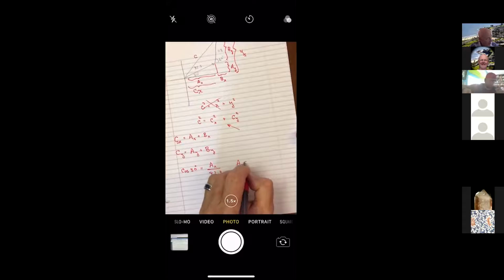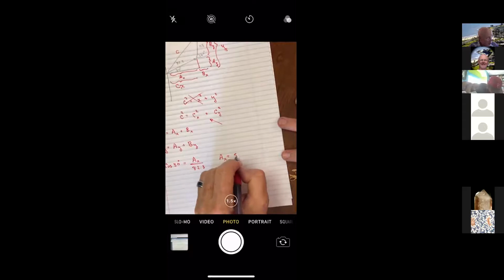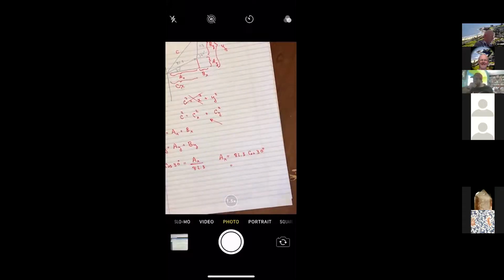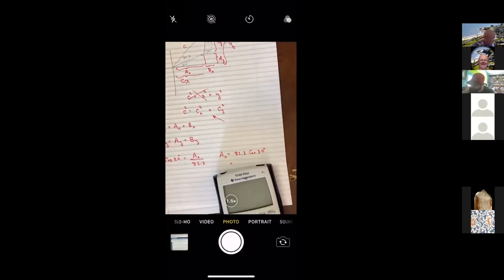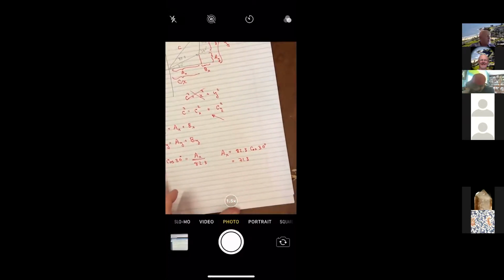So the x component would be 82.3 times cosine of 30 degrees. Grabbing my calculator and first checking if I'm in degrees, good. I multiply 82.3 by cosine of 30 and get 71.3. That makes sense so far?